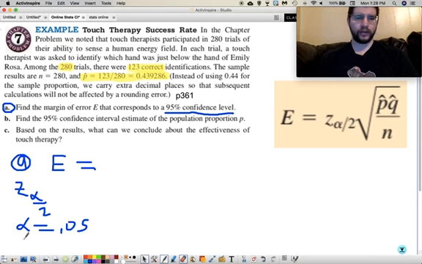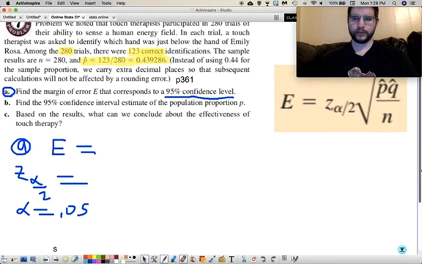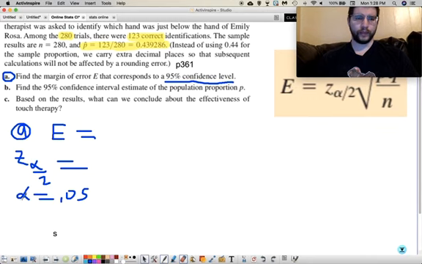We need p hat and q hat. P hat was 123 out of 280. I'm just going to leave it as a fraction because it's better than rounding. We don't like rounding, not until the end anyway.